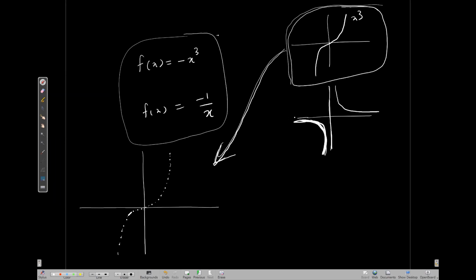Forget about the lower part and just think about the upper part, and your y-axis is the mirror. Breaking it into pieces will be easy for you. The mirror image of that part is here, and now for the other part, that's how you reflect.